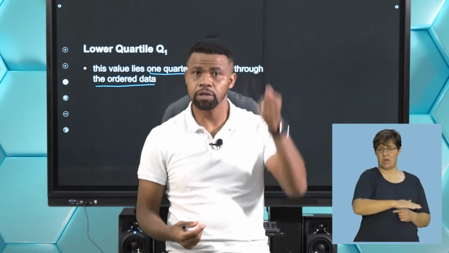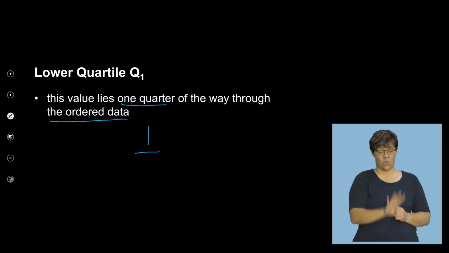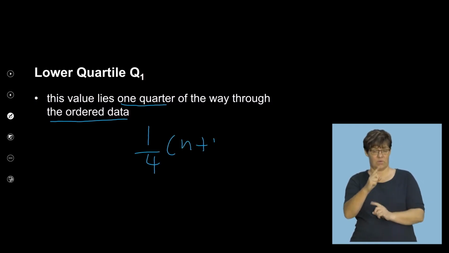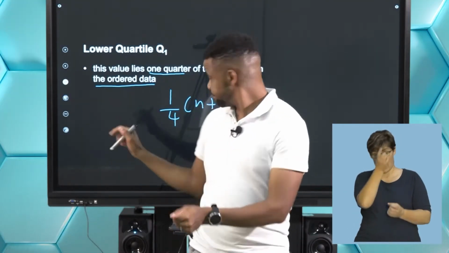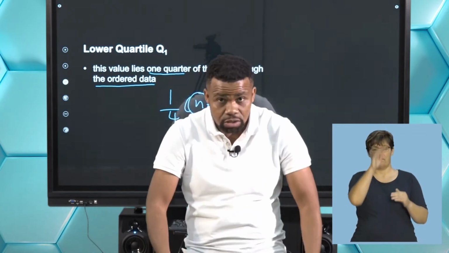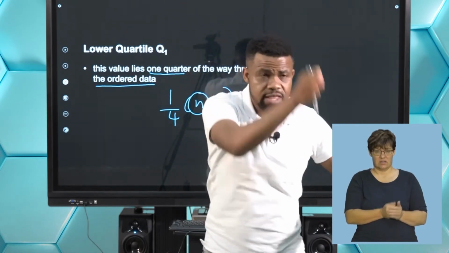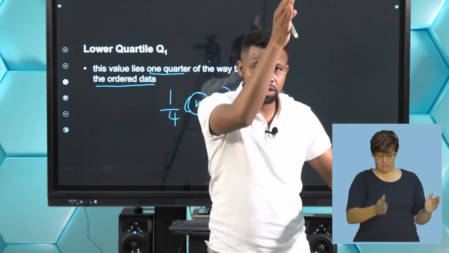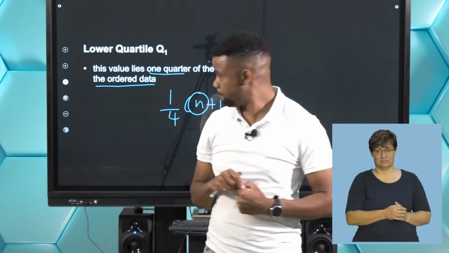Also, we can use a formula to find the position of the lower quartile, or Q1, which is (n plus 1) divided by 4, where n is the size of the set of data. If n is 10, you put 10 there, divided by 4, that will give you the position of the lower quartile. Or you can just arrange the data, then the lower quartile, you'll find the data point there. Okay.